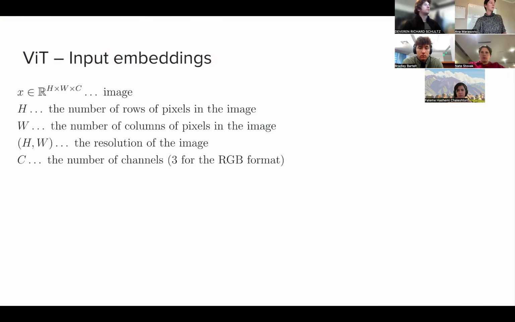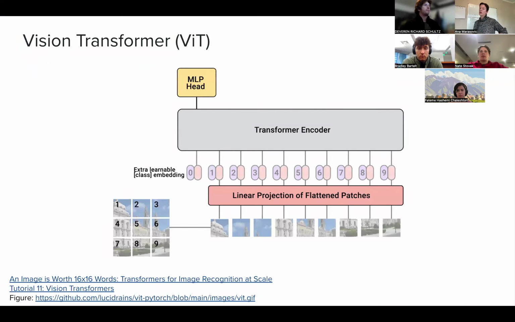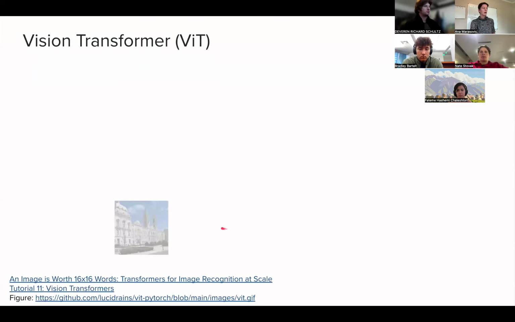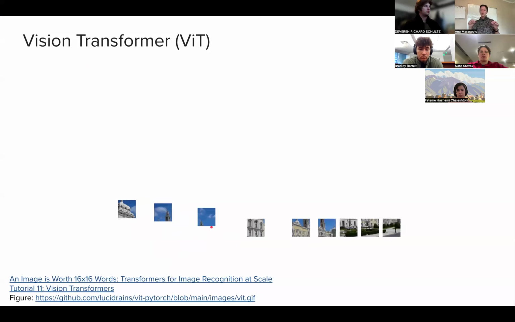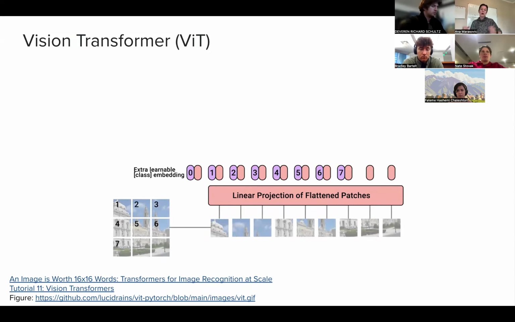I'm just going to give you a high-level overview. We are going to flatten these matrices by basically taking the rows in each one of these image patches and concatenating them into a vector.